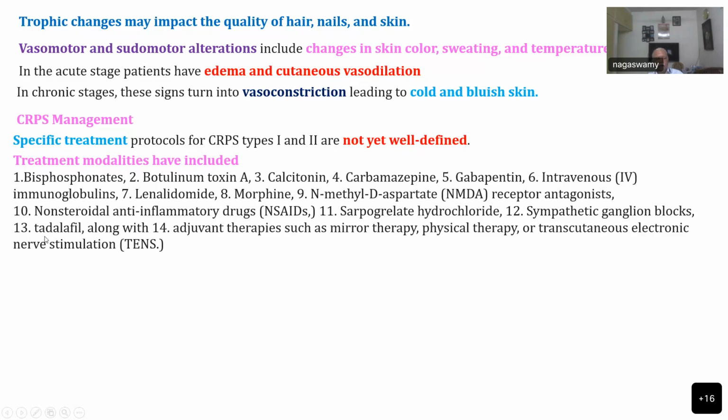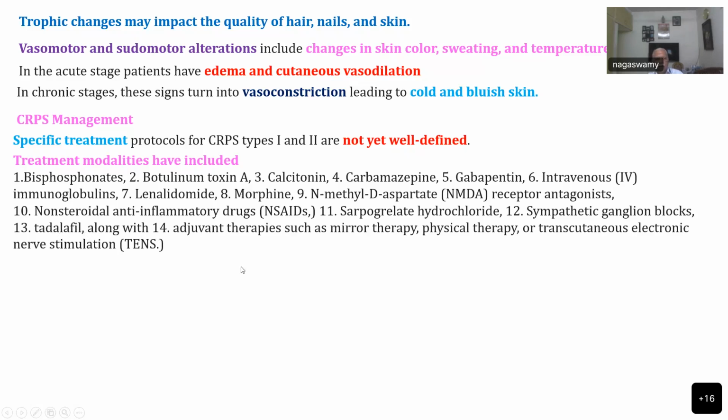And this causes good vasodilatation in chronic cases where vasoconstriction, bluish skin, edema, and temperature loss occur. This drug has been tried to improve the vascularity. And adjuvant therapies like mirror therapy, physical therapy, and TENS, all these things.